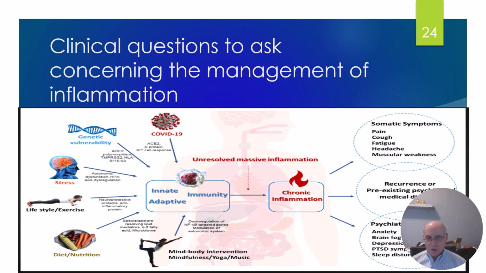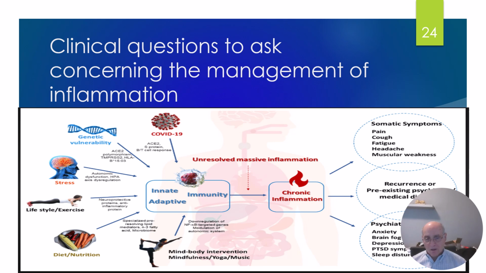So clinical questions to ask in terms of management of a patient with inflammation is really you need to understand what's causing the inflammation. Because if you don't understand, is it their genes? Is it because they have unresolved COVID-19? They have spike protein, and we know that the studies have shown that the protein can live a very, very long time in individuals if it's not handled properly.